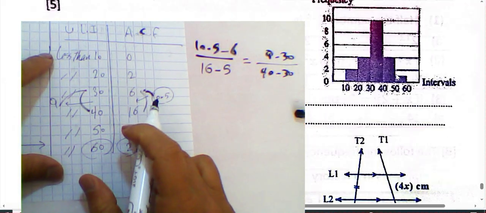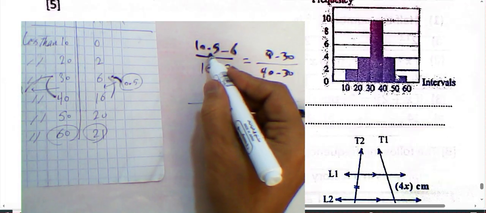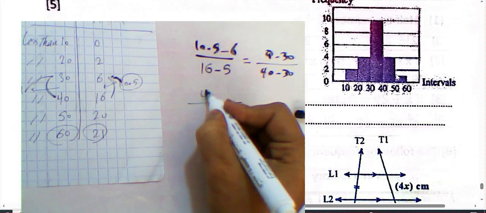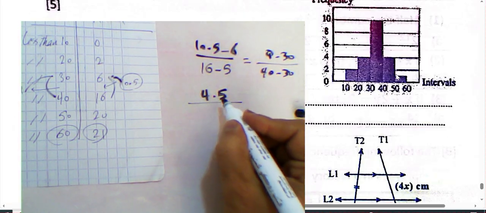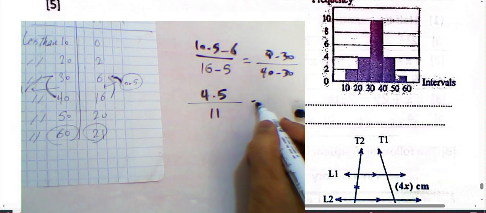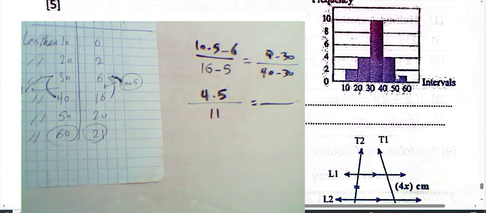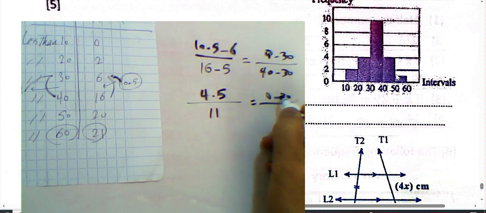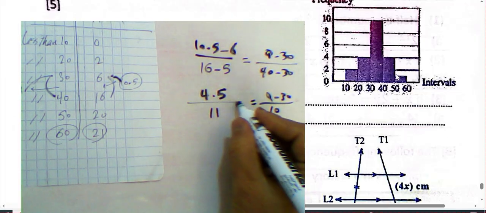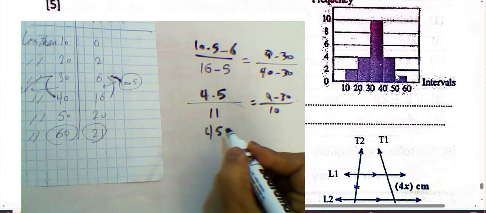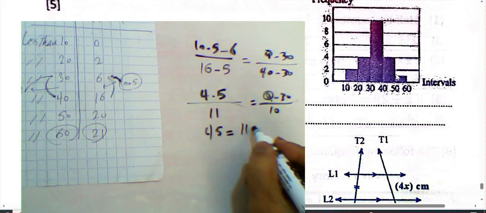You must know this method, okay? And then 10.5 minus 6 will be 4.5. 16 minus 5 is 11. And here Q minus 30 over 40 minus 30 equals 10. 10 times this number will be 45.